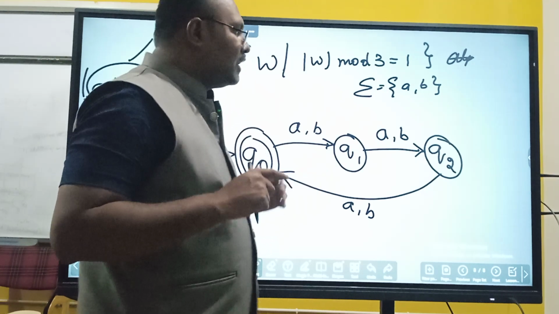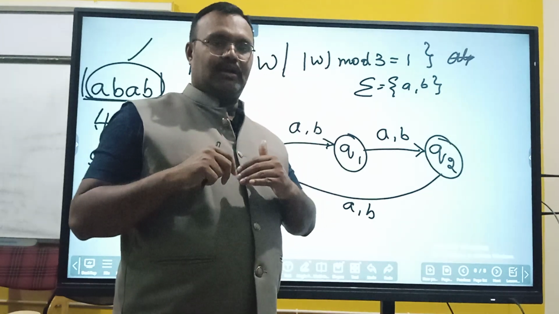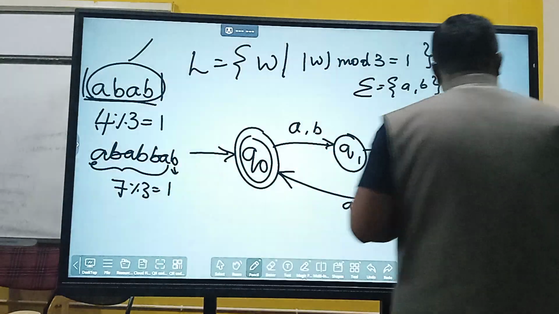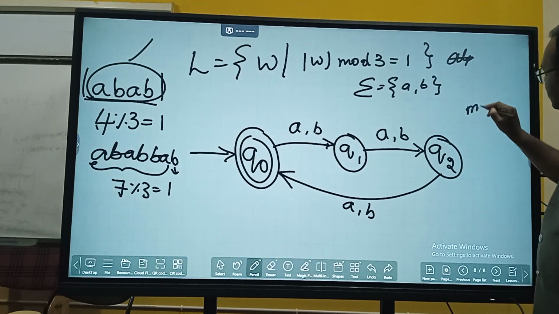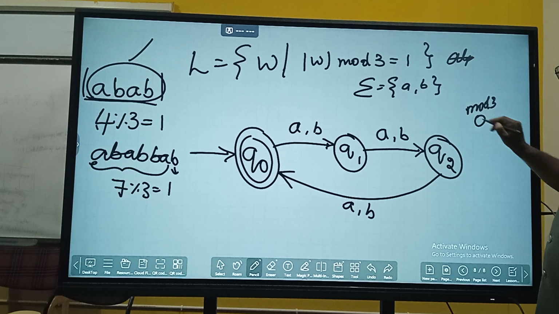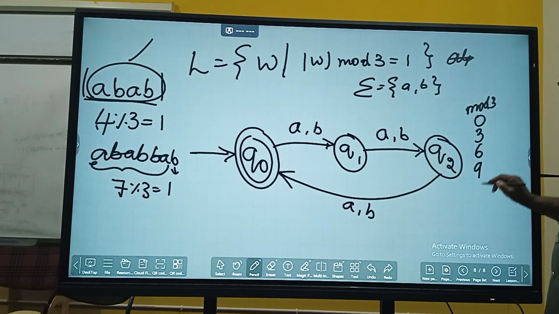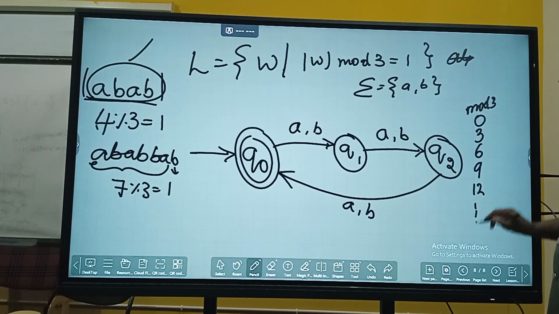That means, if it is mod 3, the values that need to get accepted are 0, 3, 6, 9, 12, and so on.